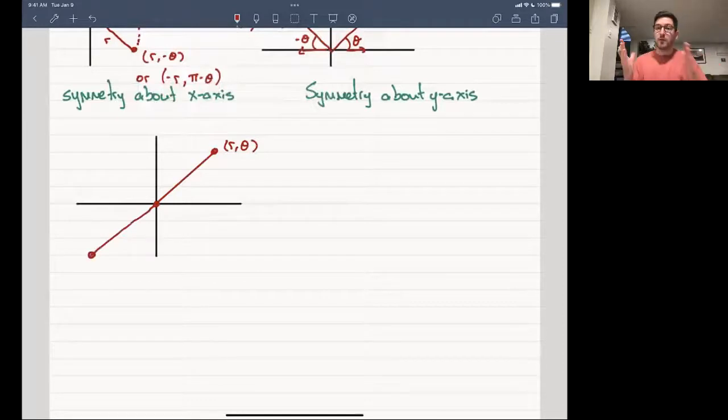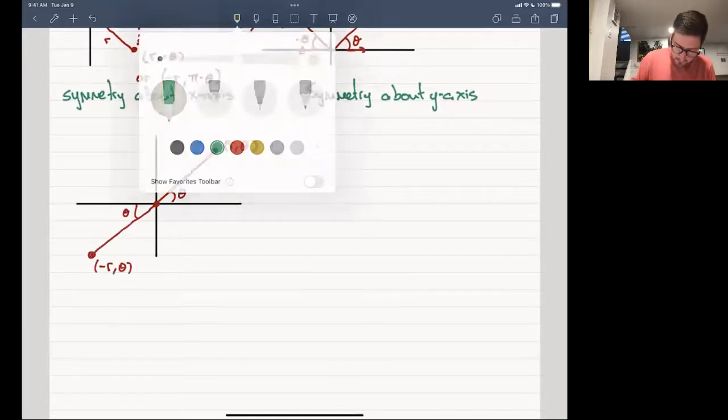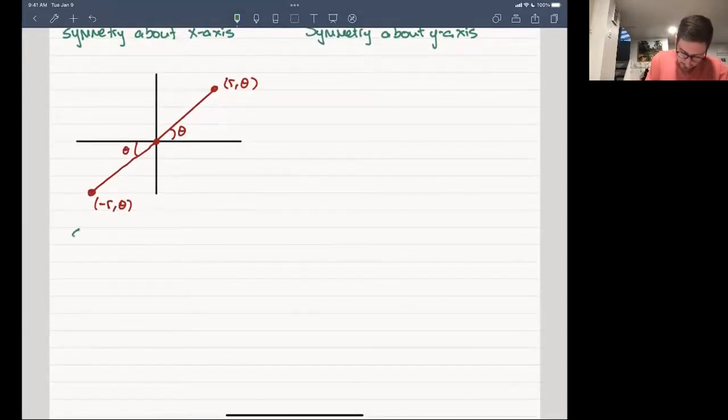And that comes from the fact that when you negate r, you're pointing in the opposite direction, and then still rotating is just going to bring your theta down. So this angle remains theta right here, and this is minus r comma theta. And in this case, this would be a symmetry about the origin.